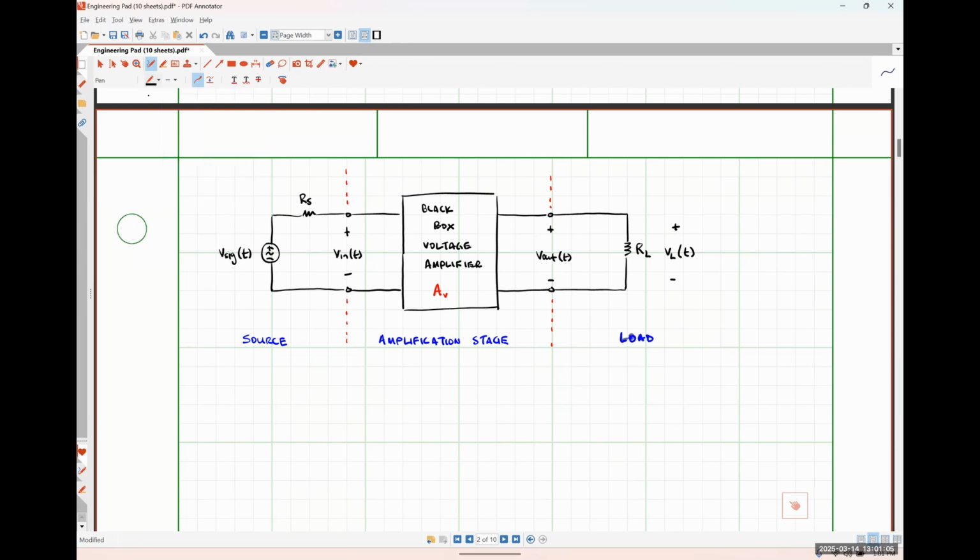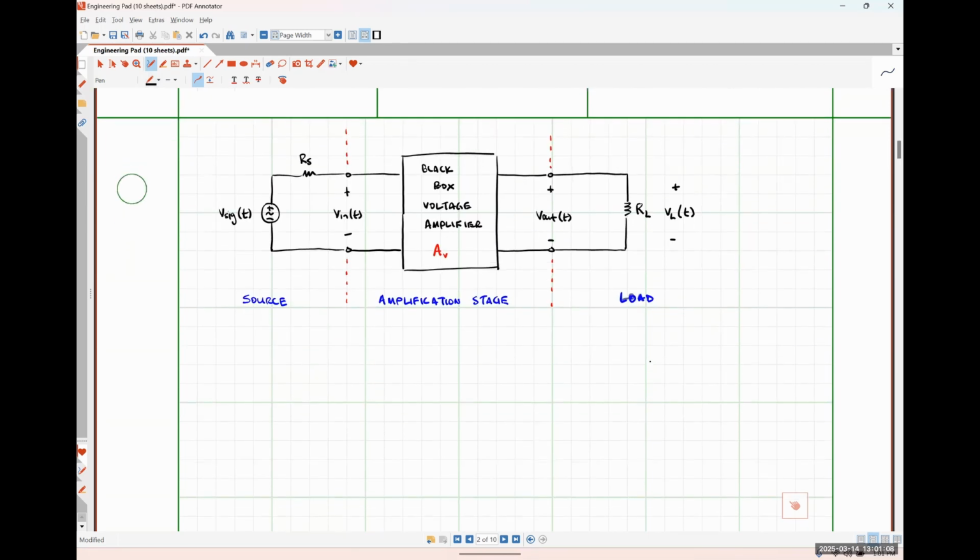So I want to ask you guys, essentially, what is the desired or ideal behavior of this circuit? So best case scenario, what is this circuit trying to do?